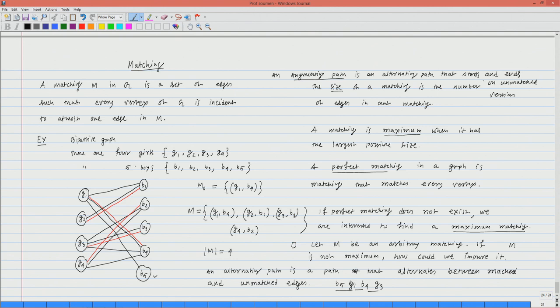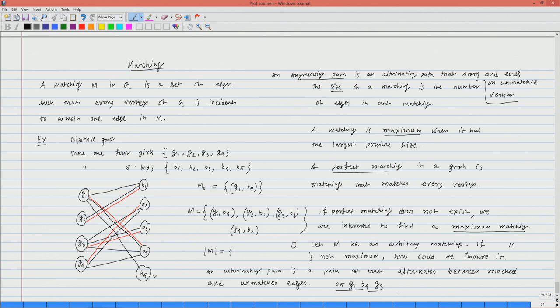Okay, so, this is the definition of augmenting path, which is very important. I can't give an example of an augmenting path at this moment, because there is probably no augmenting path with respect to this matching. So, this path is an alternating path, but this is not an augmenting path, because the augmenting path should start with an unmatched vertex and also end at an unmatched vertex, but G3 is not an unmatched vertex, it is a matched vertex. So, this is an alternating path, but this is not an augmenting path.